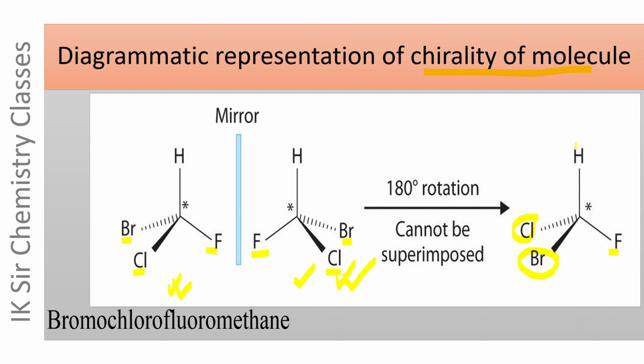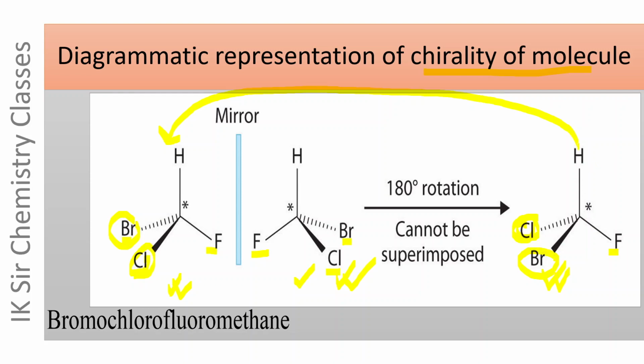Now let us try to superimpose this mirror image on the original molecule. It will not be superimposed because here we have bromine, while at this position there is chlorine. Here we have chlorine at this position, and at the equivalent position bromine is present.